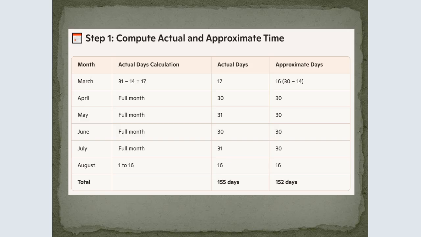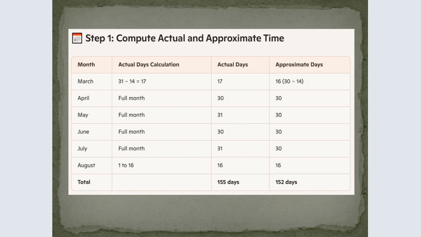First step is to compute the actual and approximate time. Since we know the start and end, let us now compute. For March, we have 31 minus 14, and that will be equal to 17 for the actual days. For the approximate days, 30 minus 14, and that will give us 16.